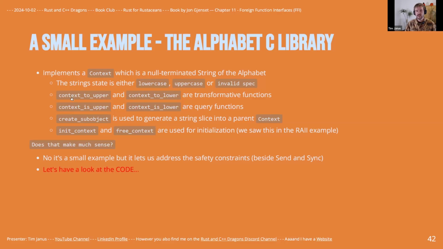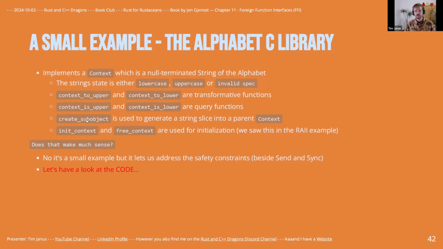It has three states: it's either lowercase, uppercase, or an invalid spec. Then we have two functions that change the context, so they need a mutable reference, and two query functions that can work on an immutable, normal borrow.